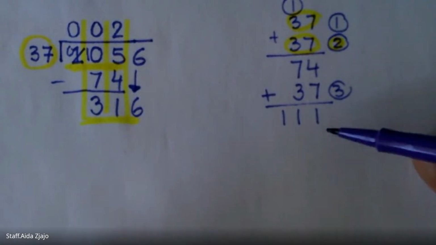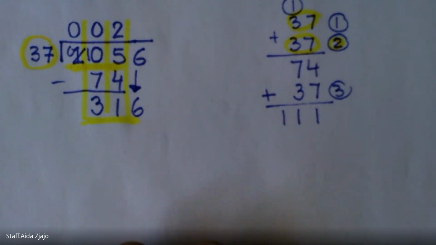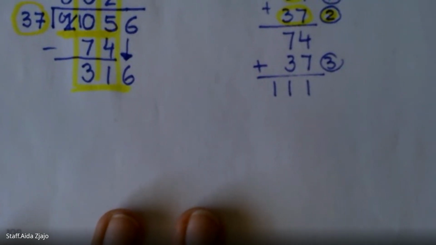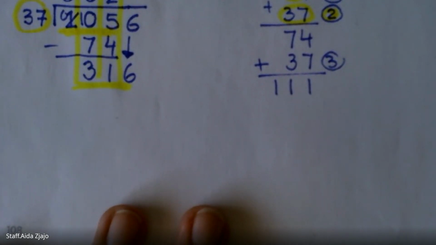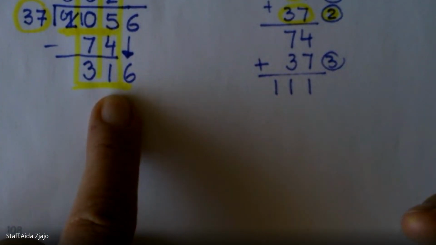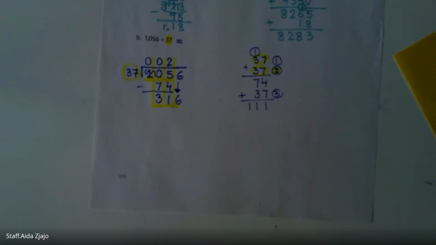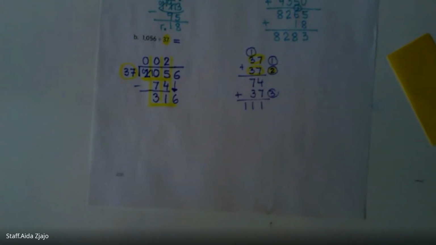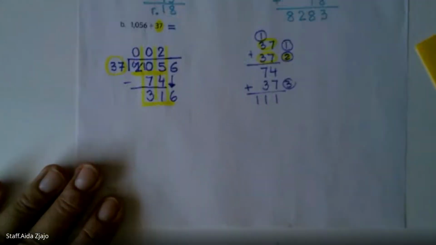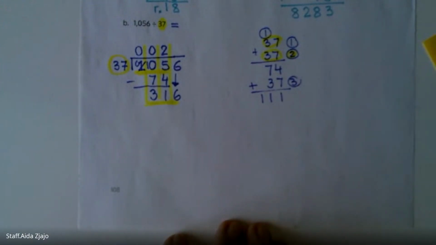We are up to 111, so we can keep adding 37 groups in and get close to 316. Okay, that was 3 groups so far.